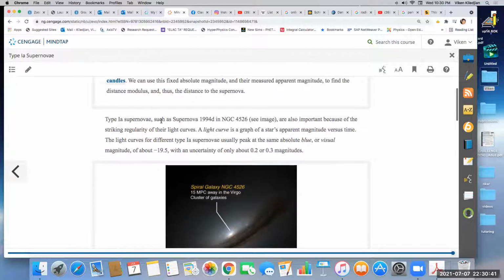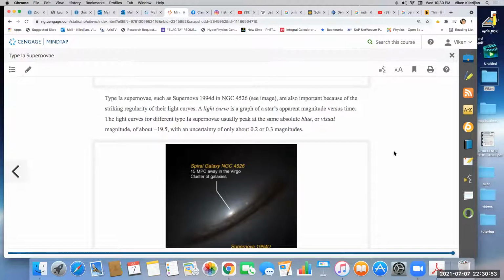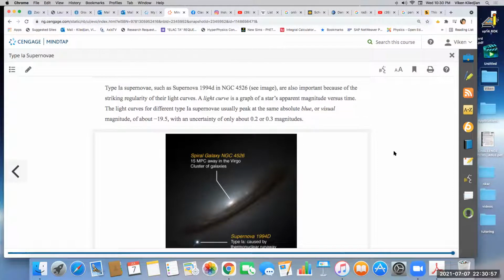Type 1a supernovae, such as supernova 1994D in NGC 4526, see image, are also important because of the striking regularity of their light curves. A light curve is a graph of a star's apparent magnitude versus time. The light curves for different type 1a supernovae usually peak at the same absolute blue or visual magnitude of about negative 19.5.